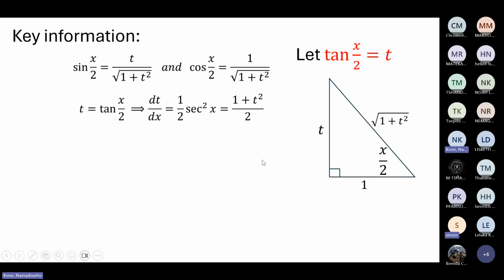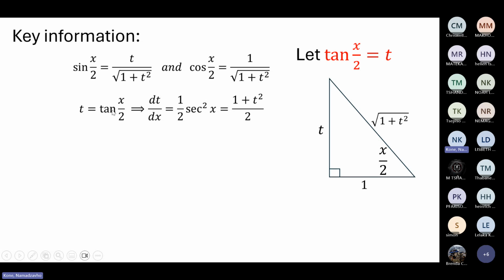And then now we do that t equals tan x over 2, the derivative, to get the replacement of dx. So we will have t equals tan of x over 2, now dt over dx. When we find the derivative of tan of x over 2, you know that we must find the derivative of what is inside first, which gives us this half.